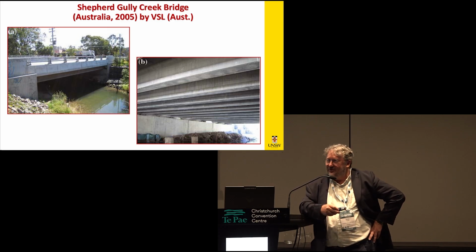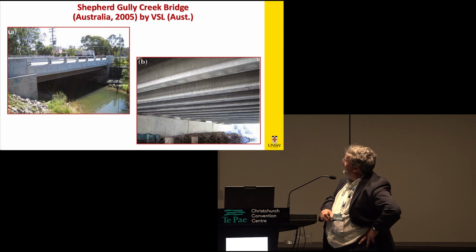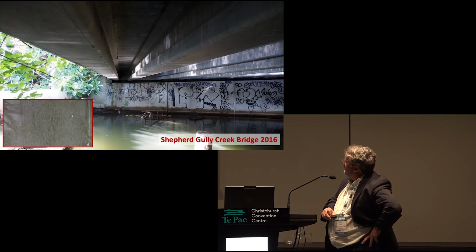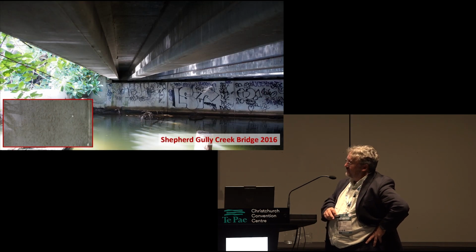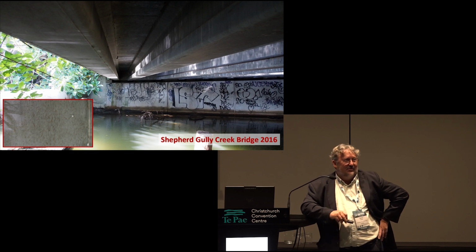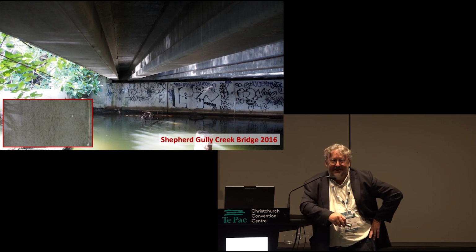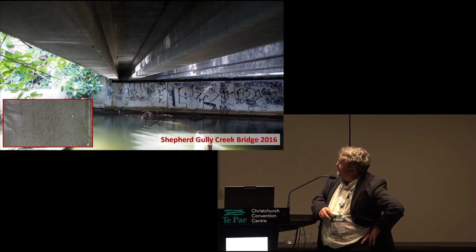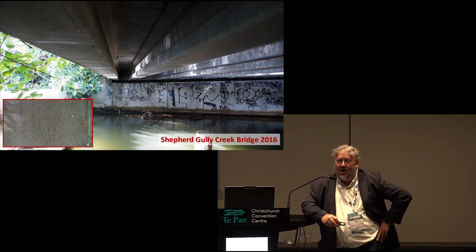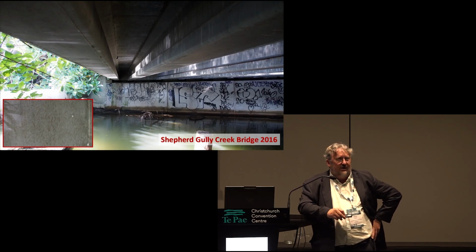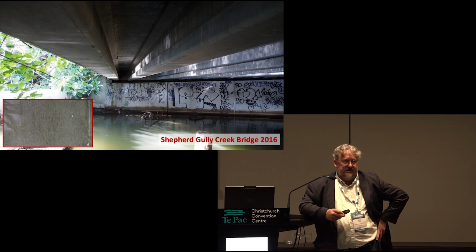There are reasons for that, and I can talk to you in the coffee break why that was. But I was up there recently in Lake Macquarie, and obviously the art has improved over time, although the foundations there are much better because of the graffiti. But if you look behind the graffiti, the structure is performing extremely well. There's no evidence of any cracks or of any durability problems.